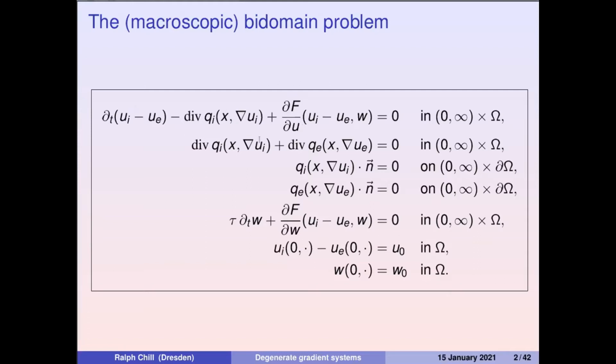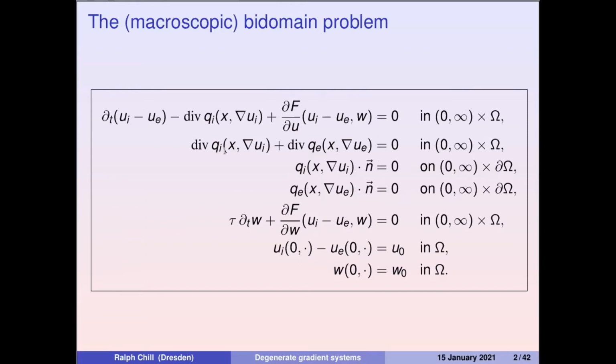The second equation links two elliptic operators, one acting on u_i and the other one on u_e. And the sum of them should be 0. So please remember that both variables depend on time, but somehow the second equation does not explicitly depend on time.